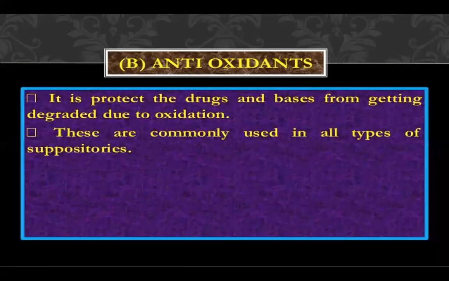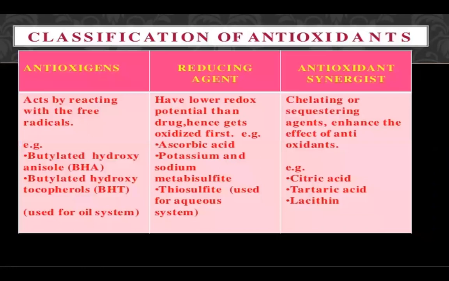Antioxidants have to be added in this suppository, to protect the drugs and bases from getting degraded due to oxidation. These are commonly used in all types of suppositories. Classification of antioxidants: first are true antioxidants, which act by reacting with free radicals. They are butylated hydroxyanisole, butylated hydroxytoluene, and tocopherols.